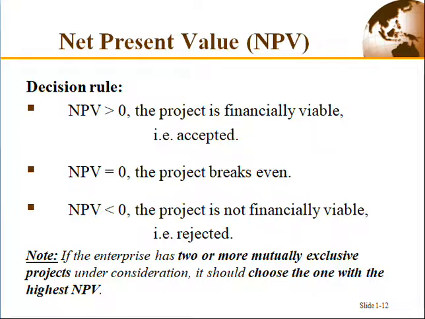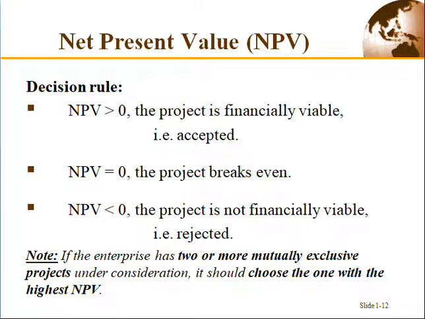When NPV is greater than 0, that's positive, then the project is financially viable. Accept it. If it is equal to 0, then it is only breaking even. If it has more lifespan to run, you may want to consider it. Probably it could become profitable then, but you know that you are just breaking even.